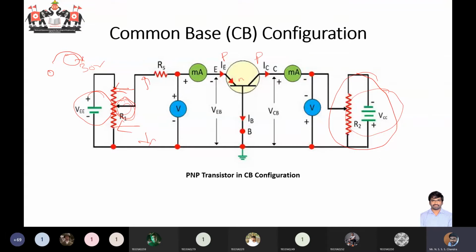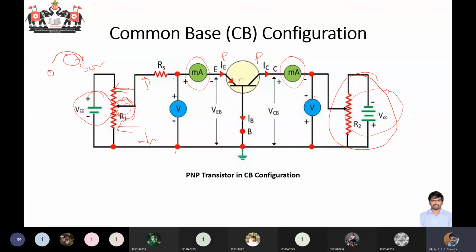Okay, so in order to measure the voltages, I'm using a voltmeter, and I'm using an ammeter. Here also I'm using a voltmeter and an ammeter. You know that an ammeter will always be in series and a voltmeter always in parallel.